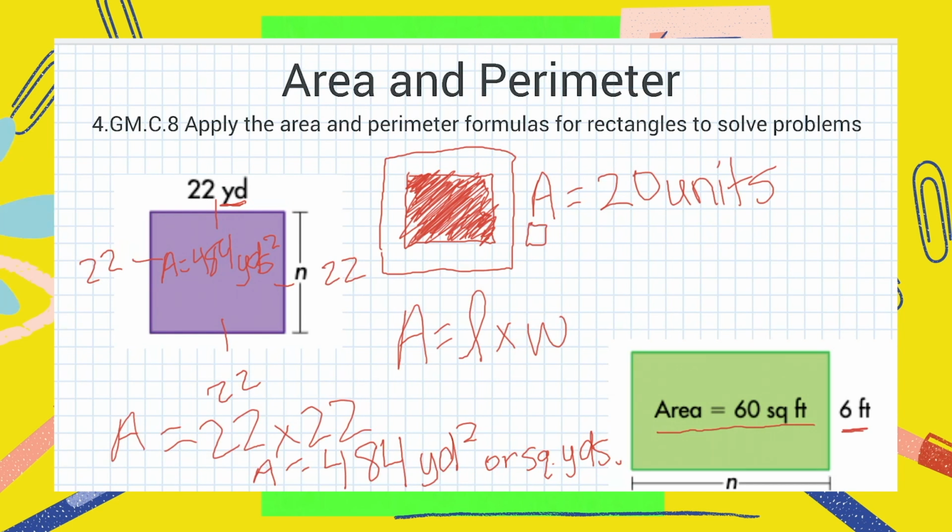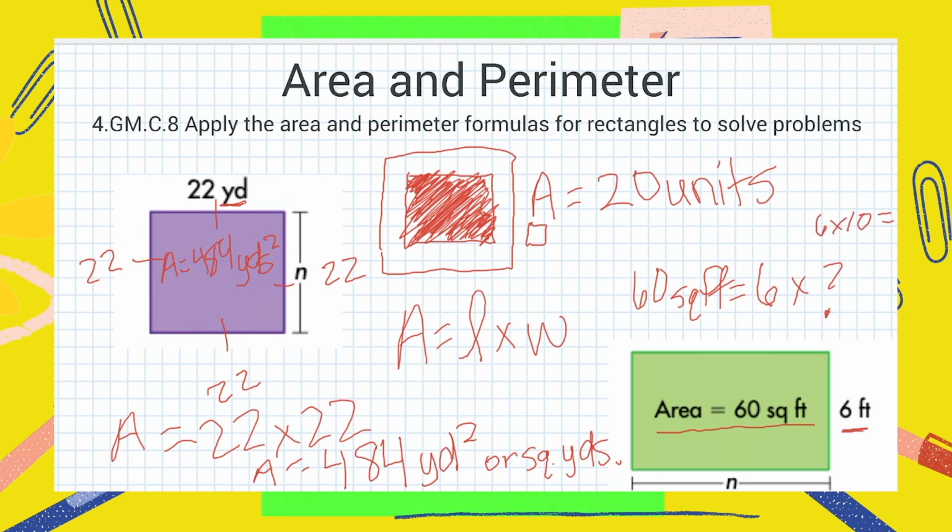So if the area is 60 square feet, and I know that area equals length times width, that means 6 times a number is going to get me 60. What times 6 equals 60? That's right, 10. 6 times 10 equals 60.